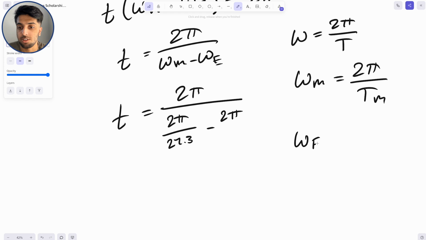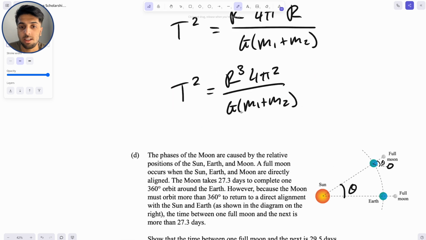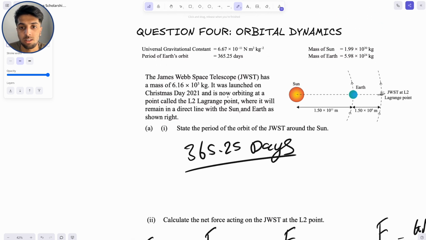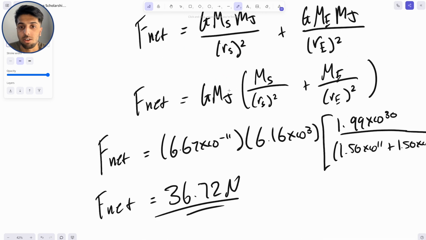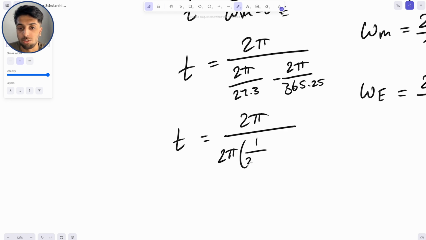So the angular velocity of the Earth is equal to 2 pi all over Te, and that is, up here, should be 365.25 days. Now we can take 2 pi as a common factor between these two, so we get t is equal to 2 pi all over 2 pi times 1 over 27.3 minus 1 over 365.25.